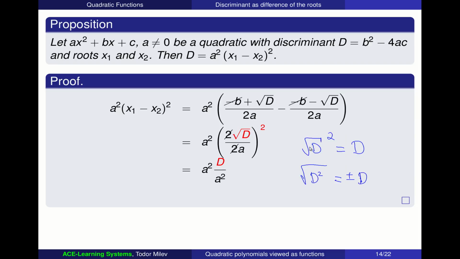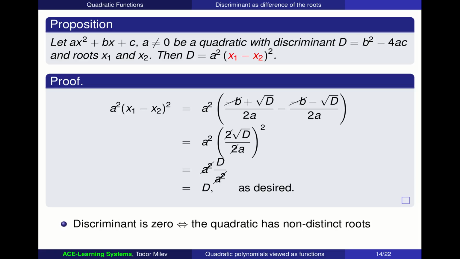Even if d is negative, if you go through the complex numbers, this always holds. So no problem there. A squared is, well, a squared. And now the two copies of a squared cancel, and we get d. So let's recap. We demonstrated with a series of equivalent transformations that a squared times the difference of the two roots squared is equal to the discriminant as desired.